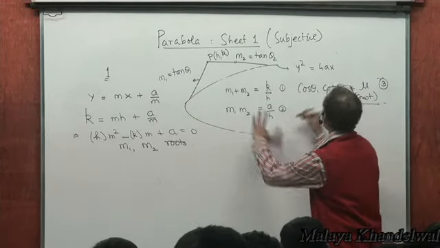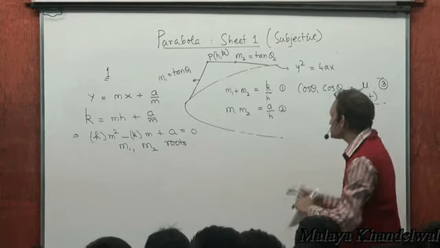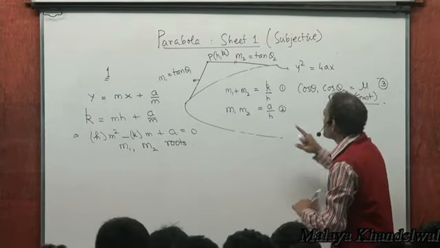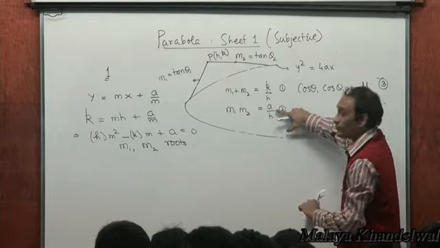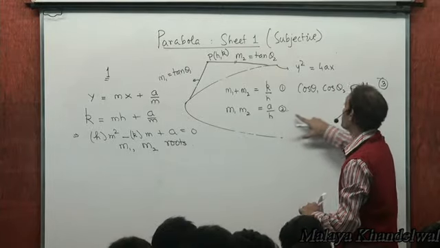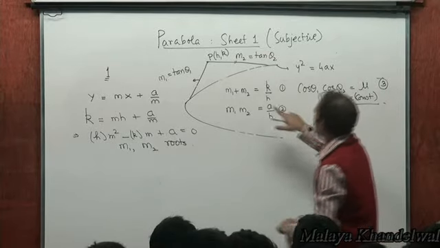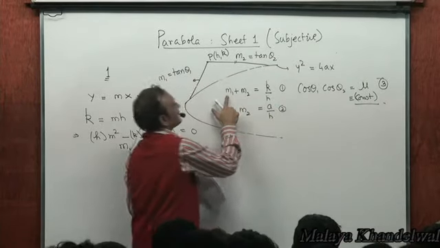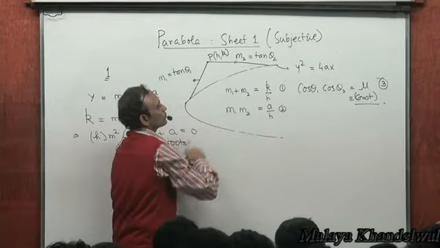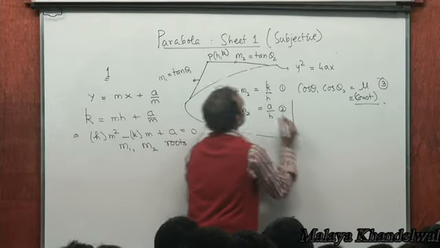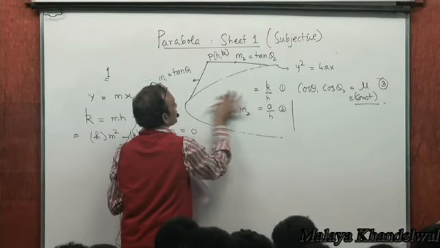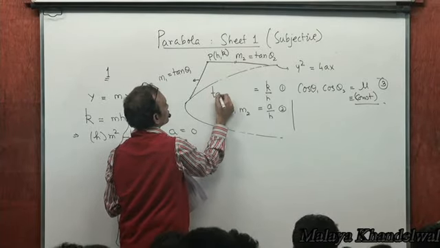Now we have these three things at our disposal. From these three things, I want to connect h and k, eliminate theta 1 and theta 2. This m1 plus m2 is actually tan theta 1 plus tan theta 2. So let me write this right here: tan theta 1 plus tan theta 2.